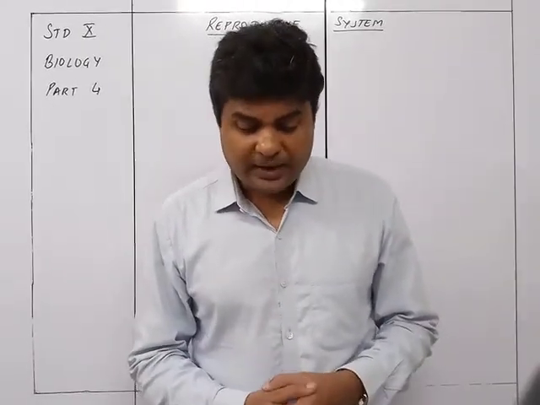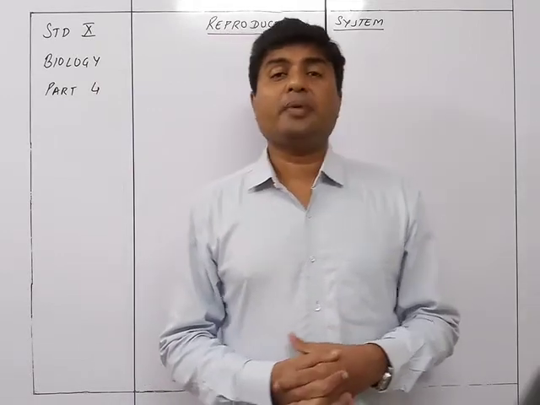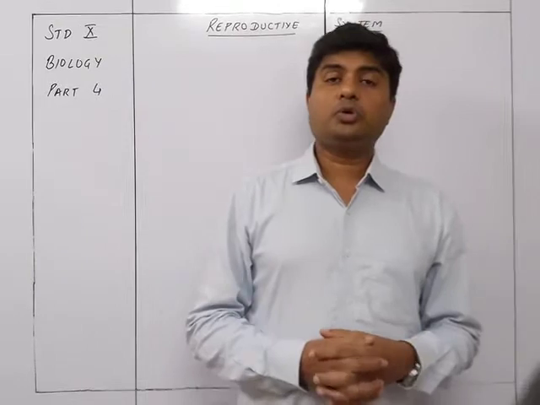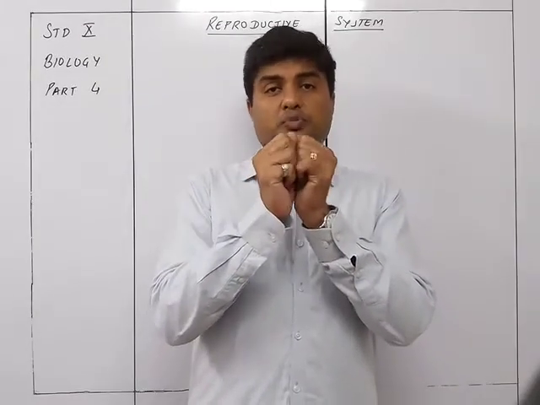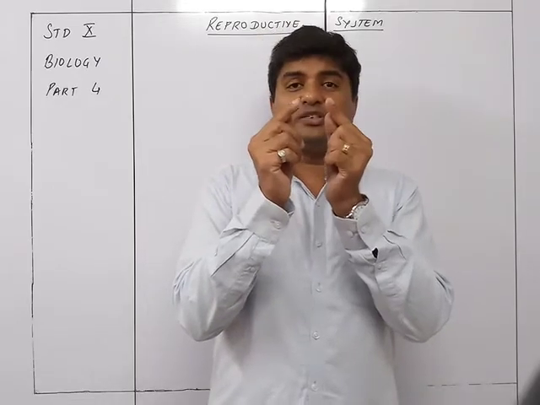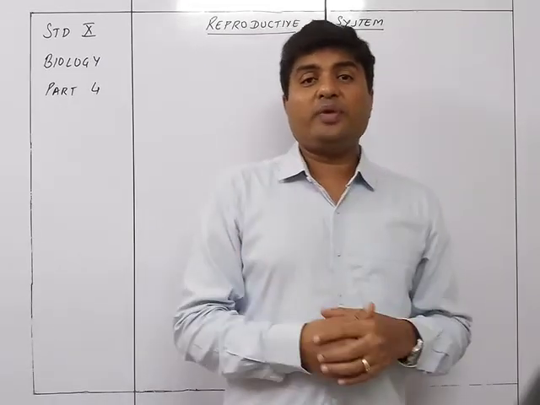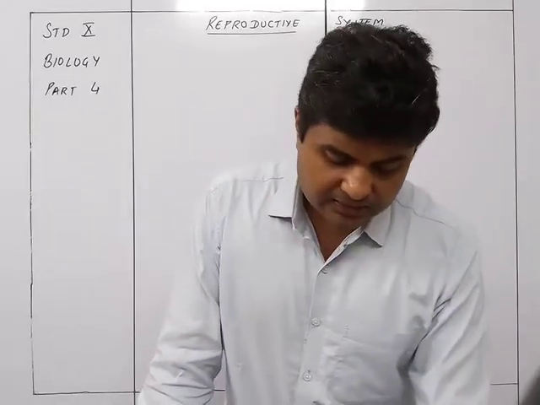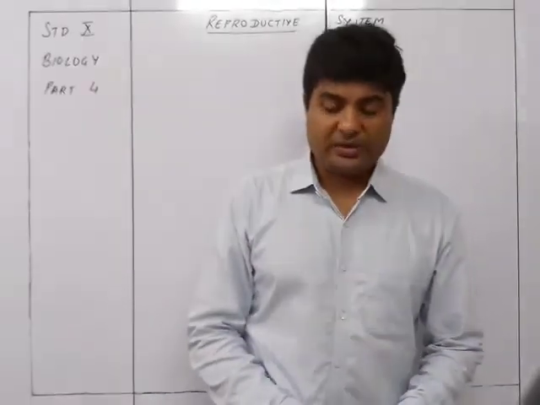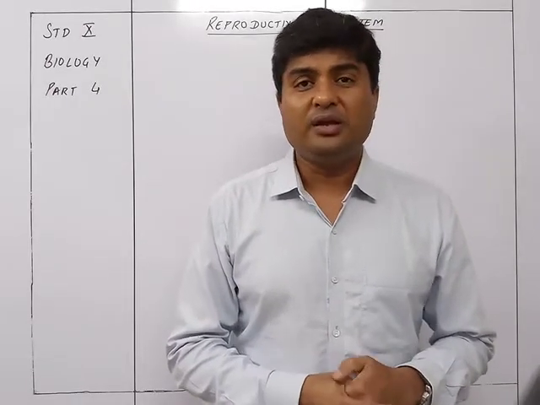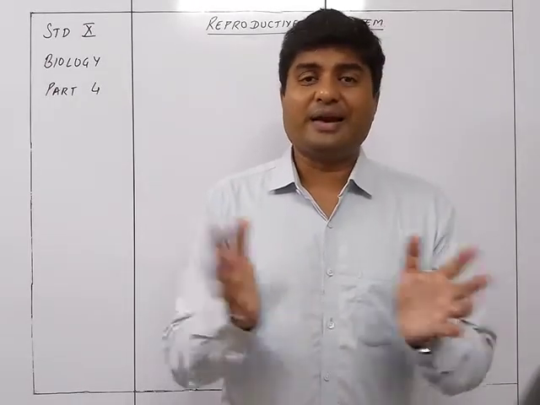And not only that, there are also some abnormal conditions wherein the two which are split are not completely split, and there is a certain amount of cells common between the two, and that's why we call them conjoined twins or Siamese twins. Siamese twins are ones in which a part of both babies is connected to each other.